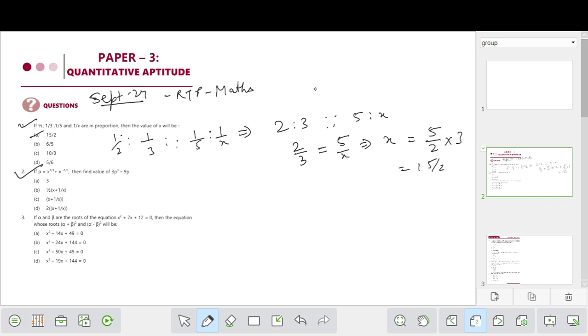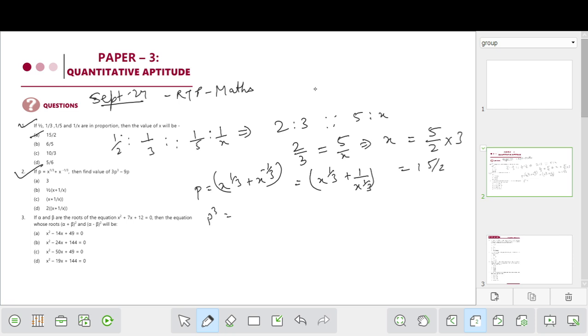Question number 2. P is equal to x raised to 1 by 3 plus x raised to minus 1 by 3. इसको simplify कर लेते हैं थोड़ा. So, x raised to 1 by 3 plus 1 by x raised to 1 by 3. Now, cubing both the sides.